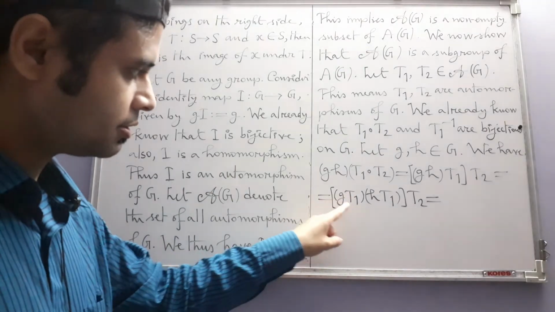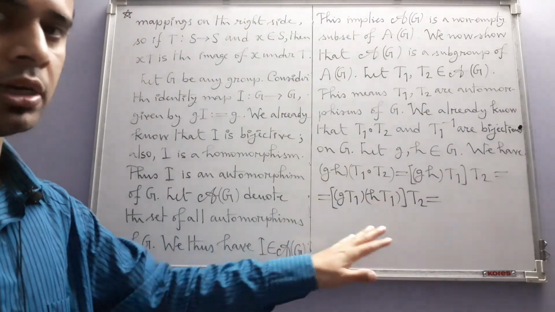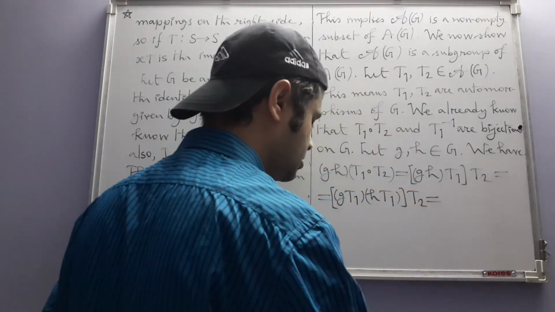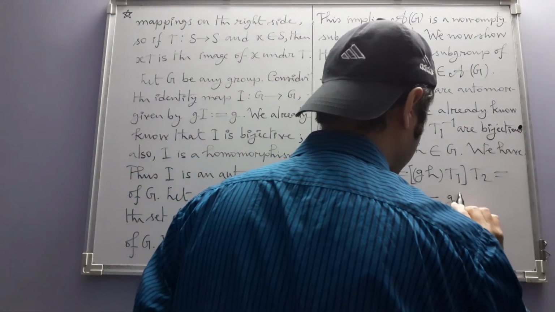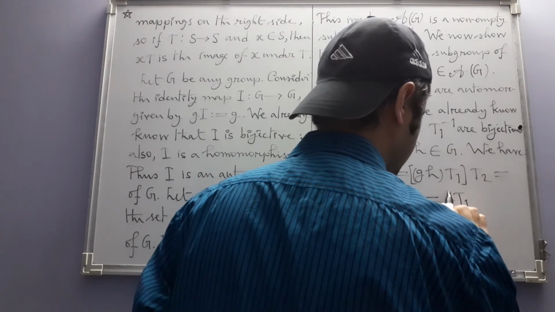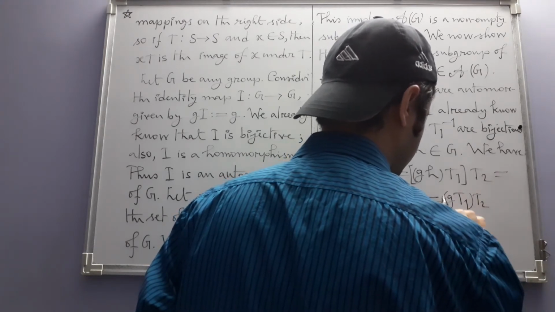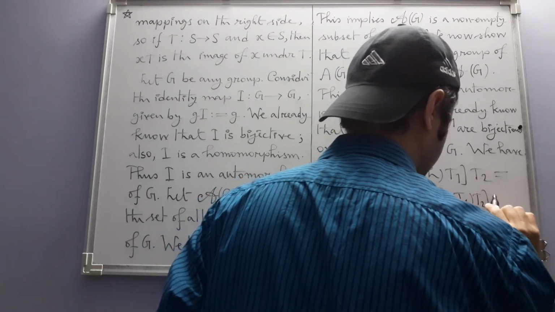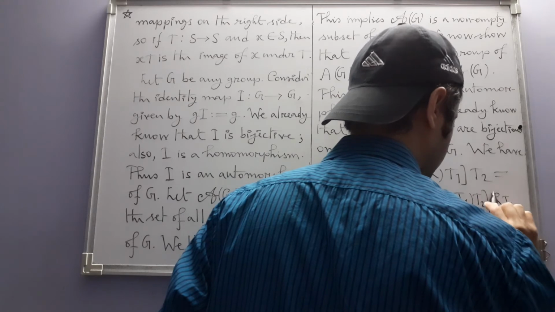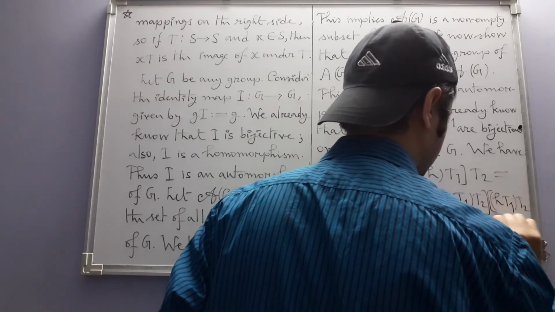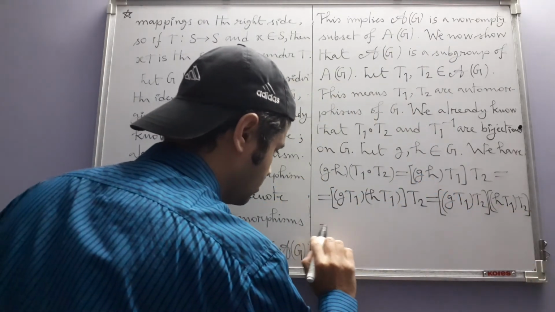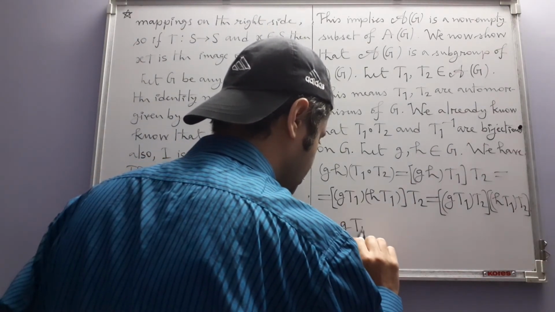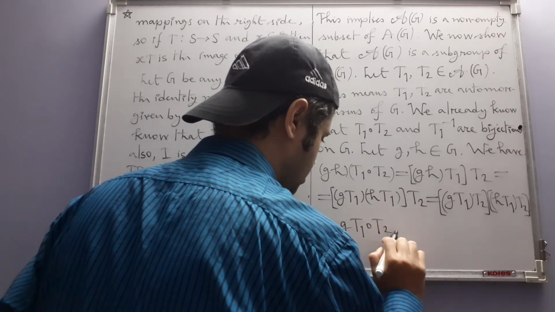So these T1 images are again in G. Now because T2 is a homomorphism, GT1 T2 times HT1 T2. Then again you use the definition of composition of mappings, you get this.